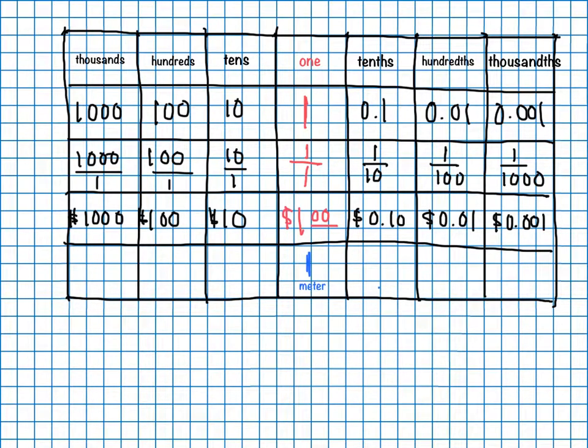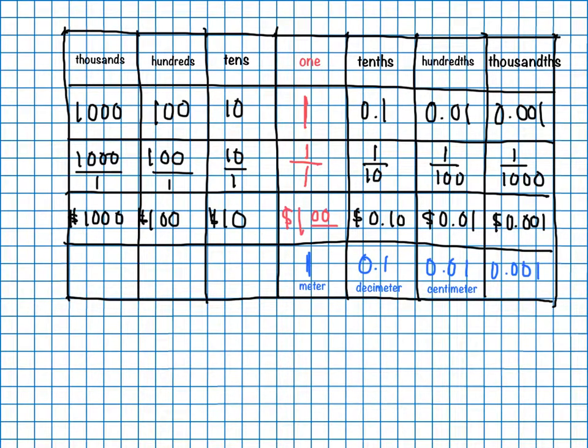The next one, the one to the right, we call a decimeter. And that is 1/10 of a meter. Next to decimeter, as we go to the right, 1/100th of a meter, we call a centimeter. Hopefully this is a familiar one to you, but that one is 0.01.